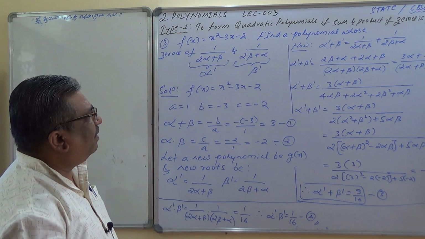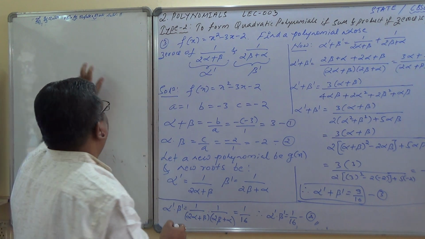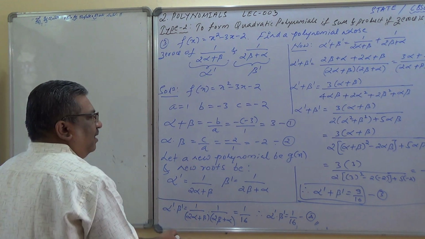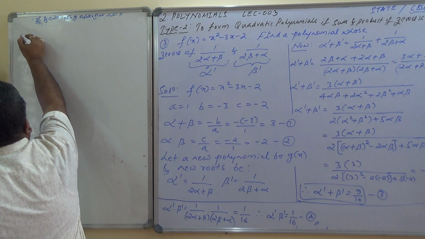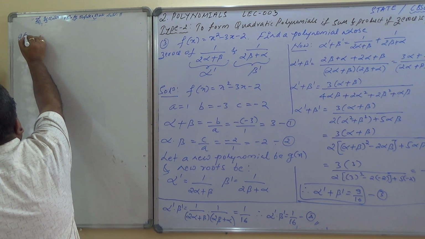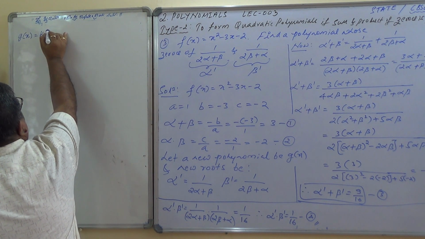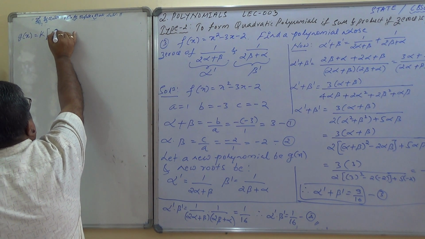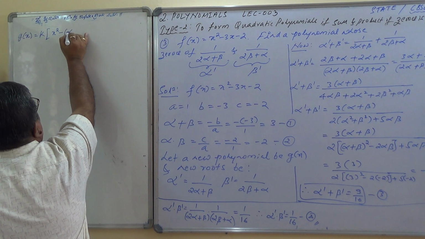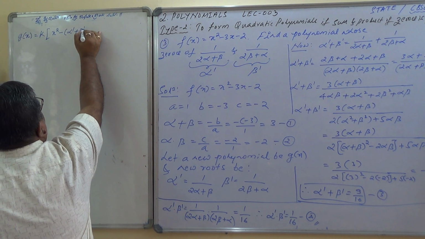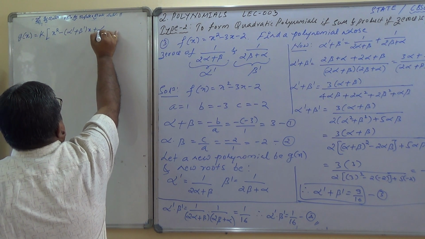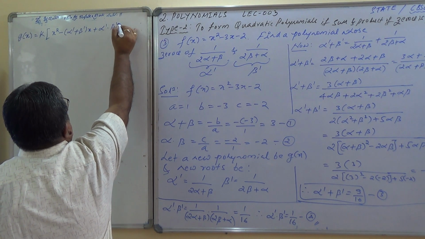So, can we form the quadratic polynomial now? I'll form it here, this side. And therefore, see, here I'll form g of x equals the quadratic polynomial, finally k times (x square minus (alpha dash plus beta dash) into x plus alpha dash into beta dash).